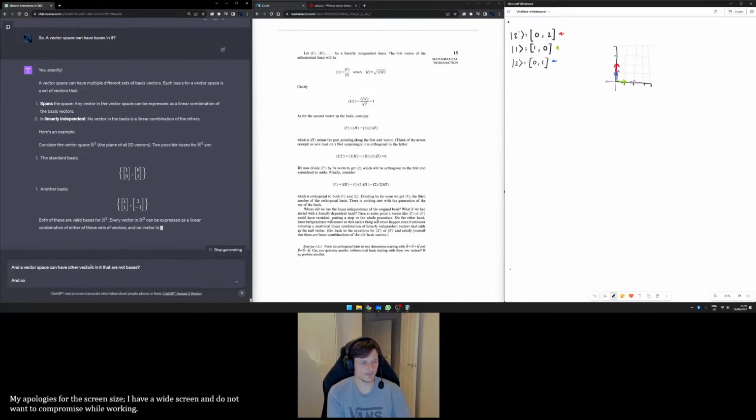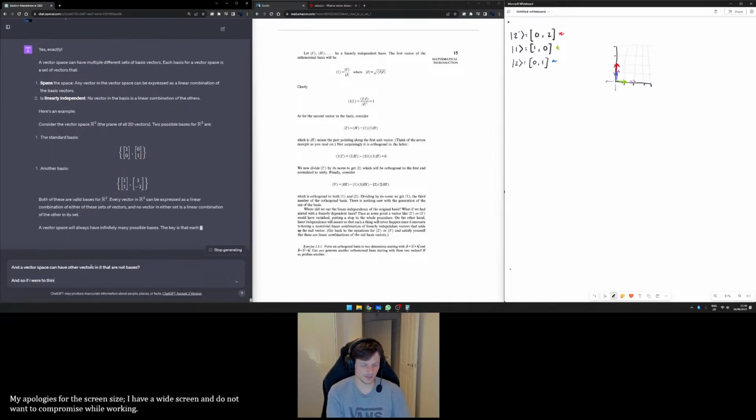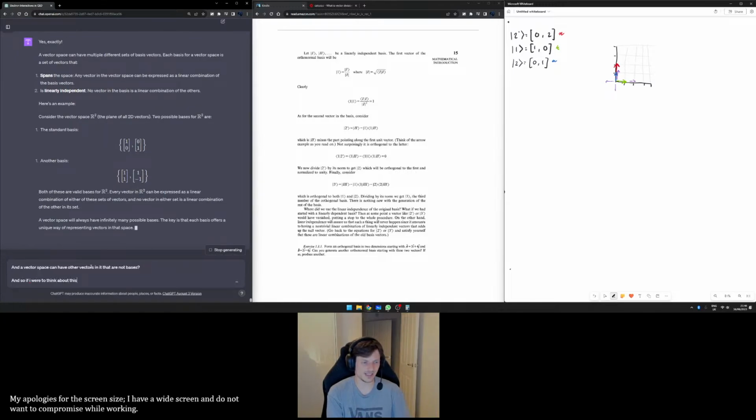And so if I were to think about this as an object, as a tensor in programming, it might look like this. Lowercase is a basis, uppercase is a vector.